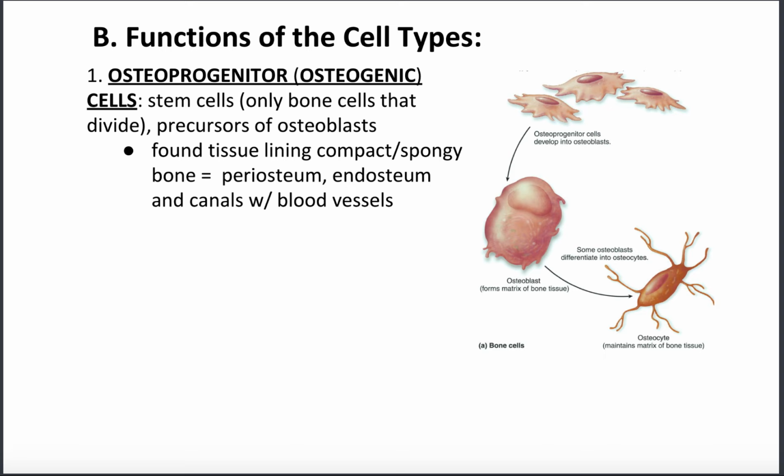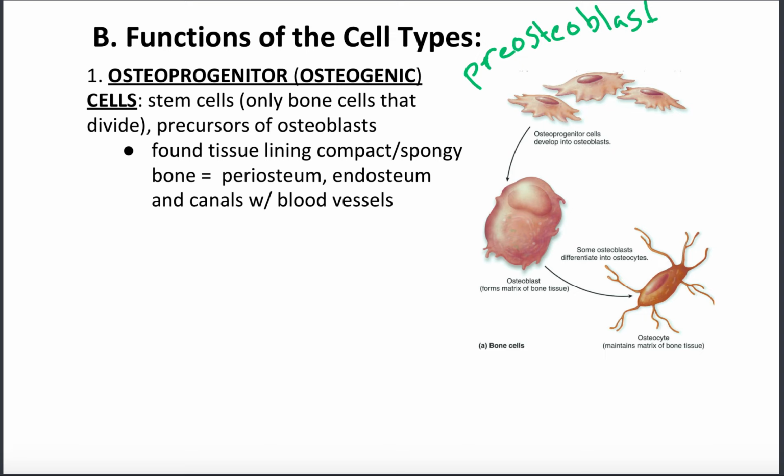So we have osteoprogenitor cells, also known as osteogenic and sometimes known as pre-osteoblast, because it's before the osteoblast. They'll turn into osteoblasts. They're just precursors of the osteoblast. You're going to find these cells generally anywhere that has the potential to build up more bone.